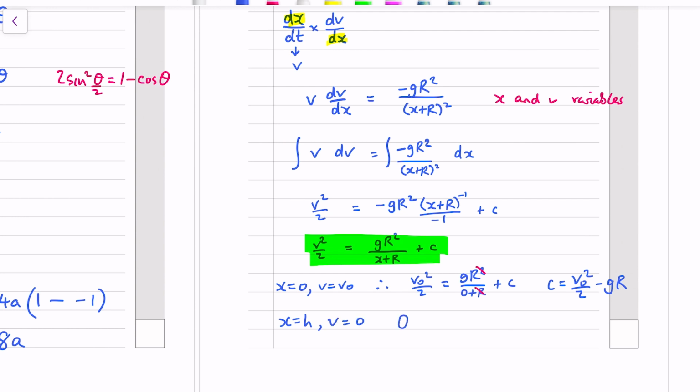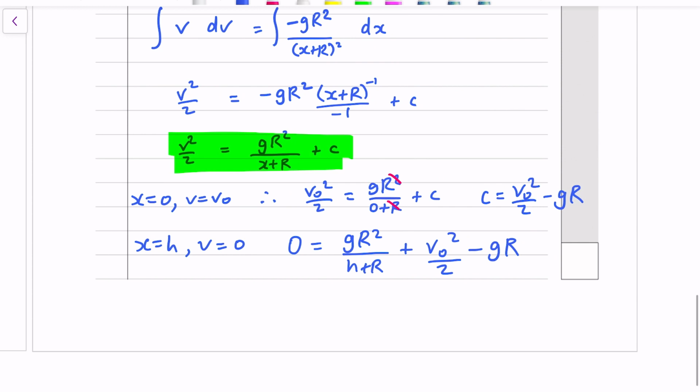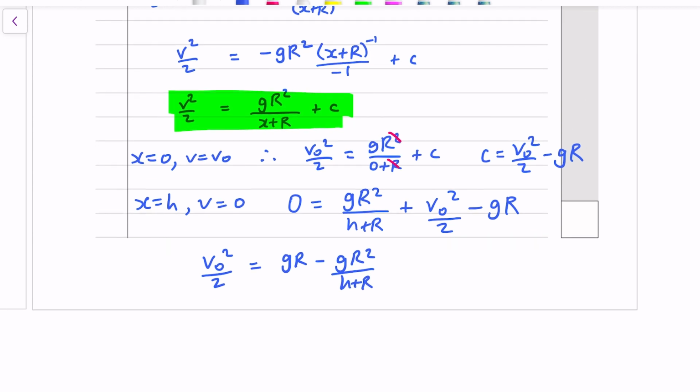So we've got 0 is gr squared over (h plus r) plus our c value. And the question tells us we need to prove v naught equals something, so we want v naught to be the subject. So v naught squared over 2 equals gr minus gr squared over (h plus r). There's a common factor of gr there.